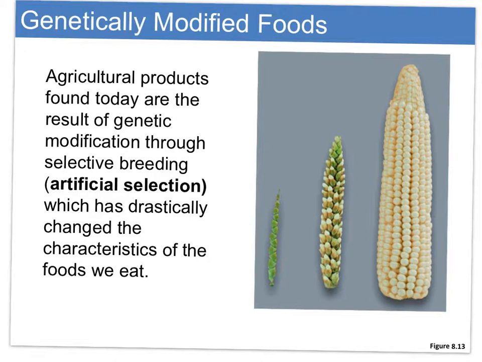So, like for corn, there's the original ancestor of corn. It's called teosinte. It's found in the highlands of Mexico, and it was domesticated, and it was basically selected for bigger and bigger kernels until nowadays we have corn like that.